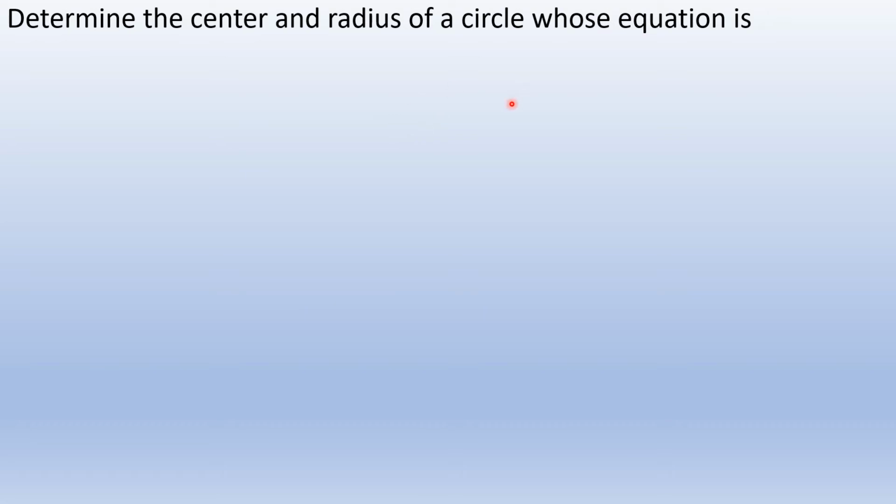Determine the center and the radius of a circle whose equation is x squared plus y squared plus 8x minus 6y minus 39 equals 0. So, hahanapin natin yung center ng circle. Okay. So, ang first step, isolate natin muna yung constant. Ilipat natin yung constant sa right side.